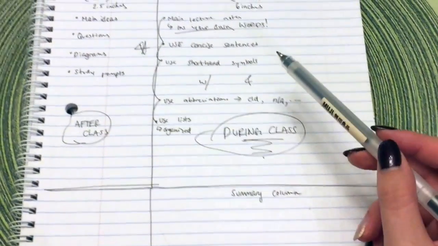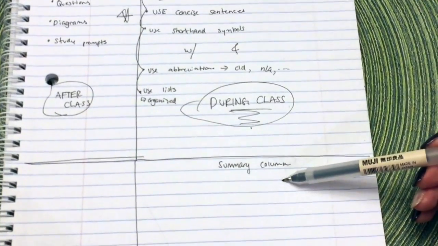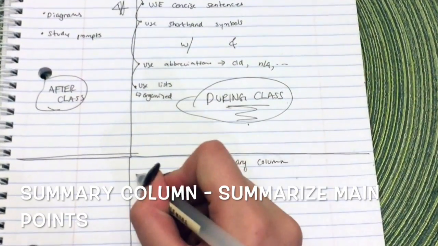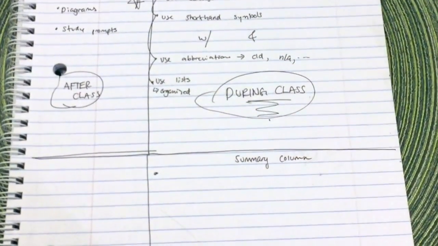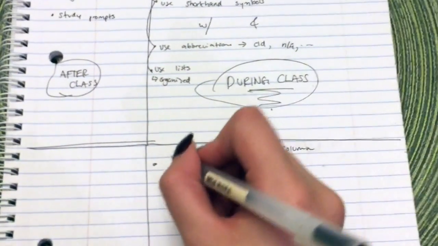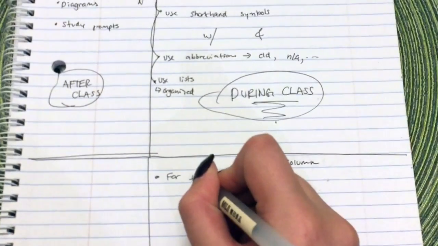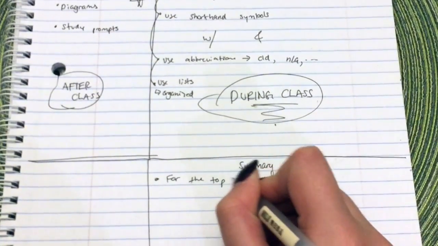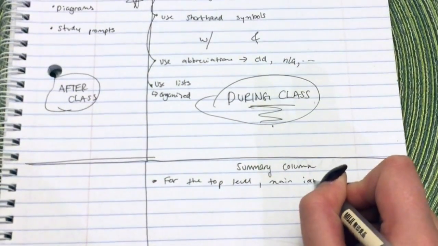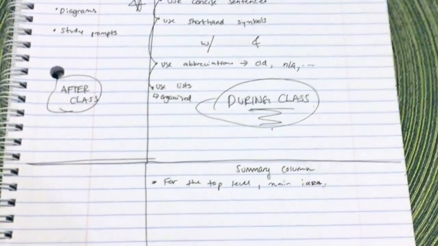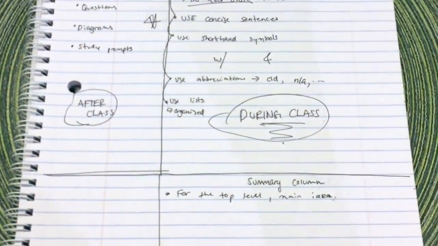So the final column that goes along with the Cornell method is the summary column. This is where you're going to go after class, look at everything you have, and just as the title says, summarize it. So this is for the top level, main ideas. So this means things like, what was talked about in class? What was the main idea?